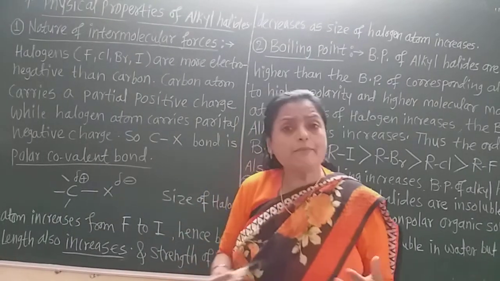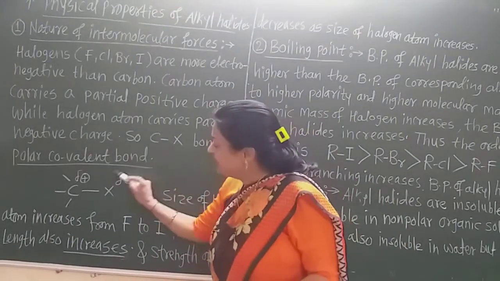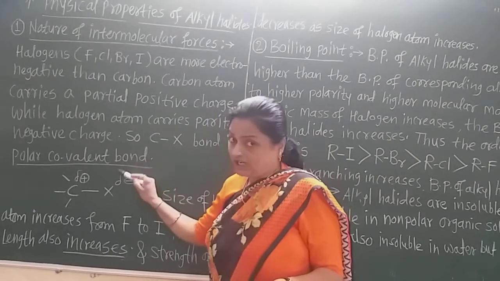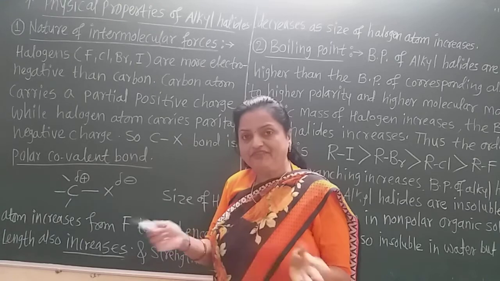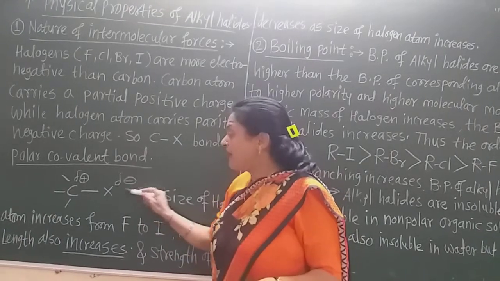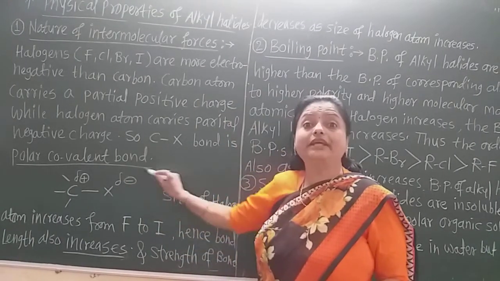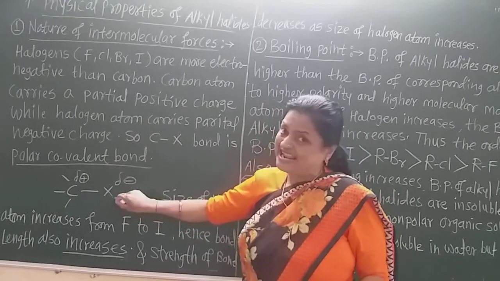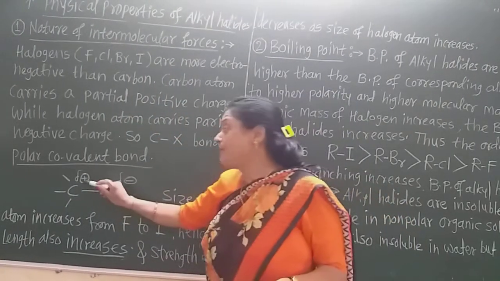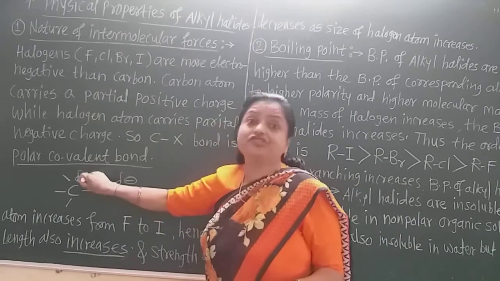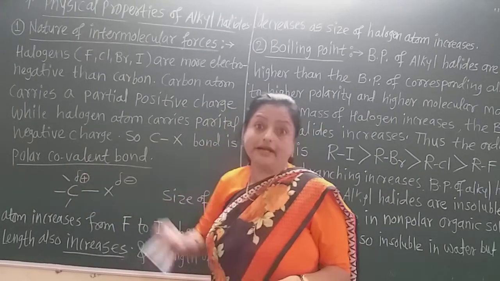Therefore a partial charge develops, partial meaning not complete and not half, but intermediate between half and complete. So a partial negative charge develops on the halogen atom, X meaning any halogen, and a partial positive charge develops on the carbon atom.